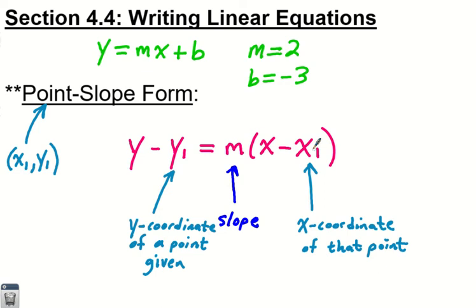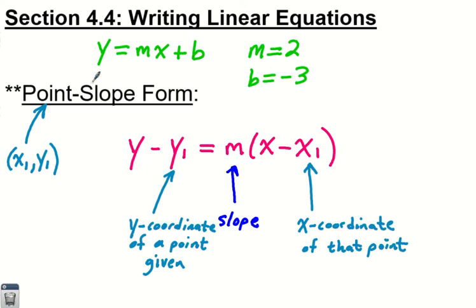It's very important to understand that you're not going to plug in anything for the x variable and the y variable. Remember, for an equation to be a linear equation, there's got to be an x and a y in there. Just like we've been doing lately, if you knew the slope and the y-intercept, you would plug them in for m and b. You wouldn't plug in anything for the x and the y.